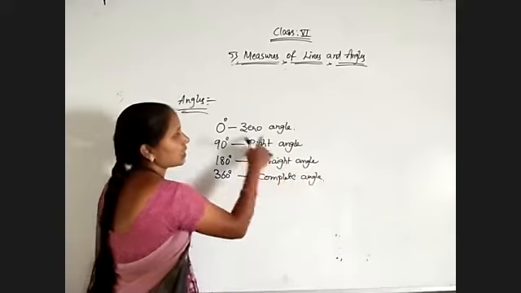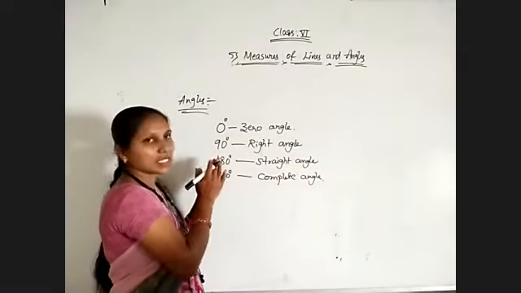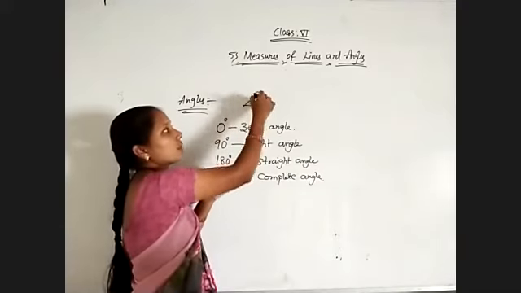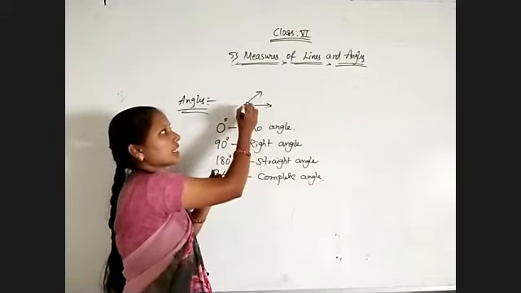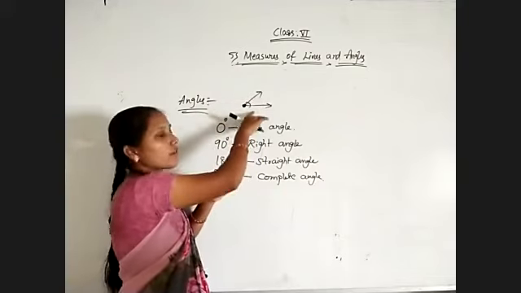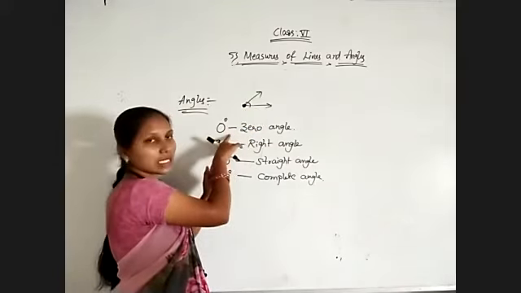Zero angle means there is no angle between any two arms. Compulsory we have to get two arms, then only we will get the angle. Wherever the two arms are meeting, having a common vertex, then only they can form an angle. If there is no gap between those two arms, that is zero angle.